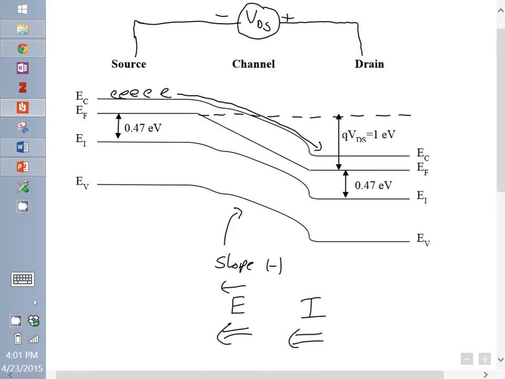So we can call that ID. This makes sense. If we apply a positive VDS, then the current goes from drain to source. Now this is an N-channel device. We have very few holes in the system, so we don't really bother analyzing what the holes are doing.